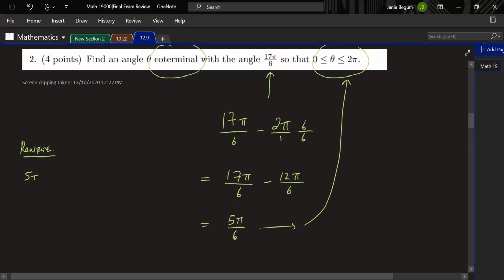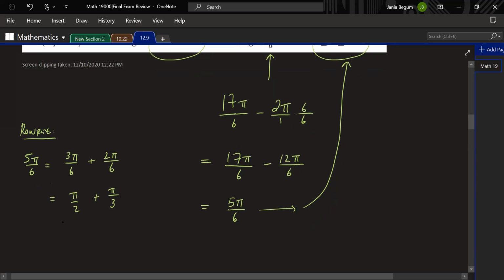So 5 pi over 6. I'm going to rewrite 5 as 3 plus 2 because I can simplify that with the denominator. So 5 pi is 3 pi over 6 plus 2 pi over 6. 3 over 6 simplifies to pi over 2, and 2 pi over 6 simplifies to pi over 3.